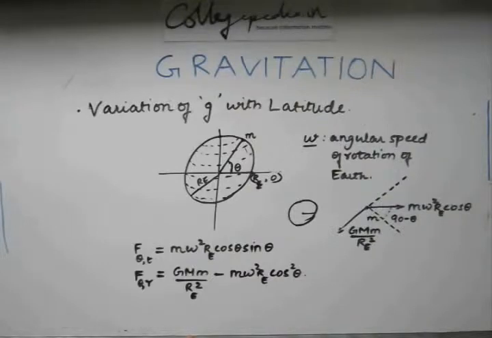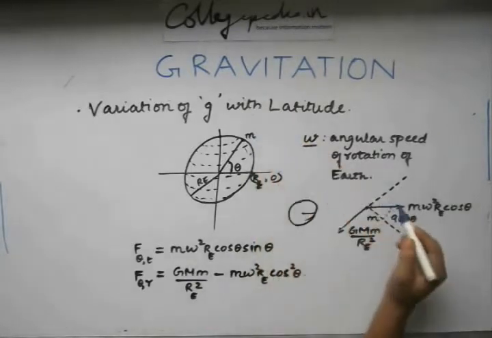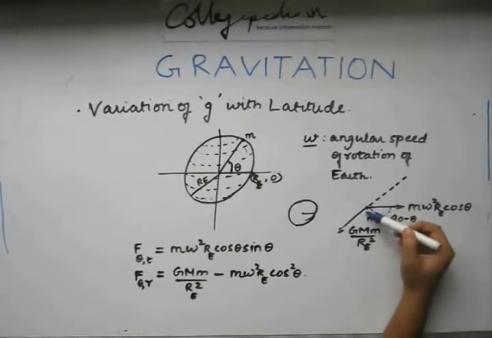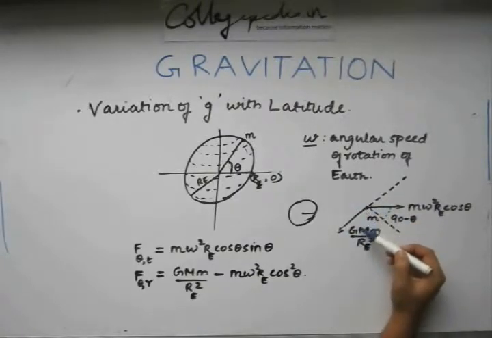If we look at the angle between the net force and our reference line, say that angle is delta. Suppose we have a force in this direction, and a force in this direction, the net force will be somewhere along this direction.